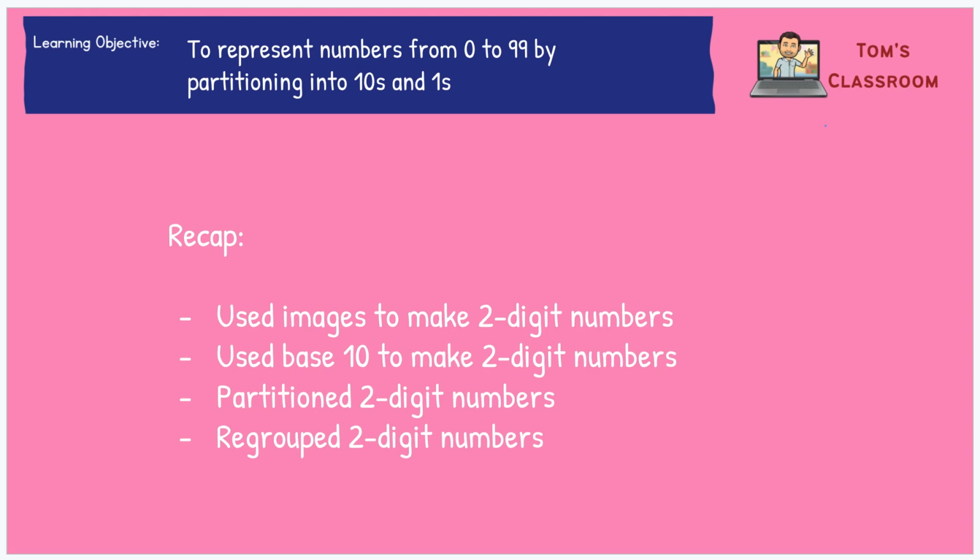Ask your friends or your parents to give you a random number between 0 and 99, and then count out that number of cubes or counters or Smarties or chocolates or anything you want, and then try and partition it into a part-part whole model. But just to recap, what we've done today is we've used images to make 2-digit numbers, we've used base 10 to make 2-digit numbers, we've partitioned 2-digit numbers, and we've also regrouped 2-digit numbers.